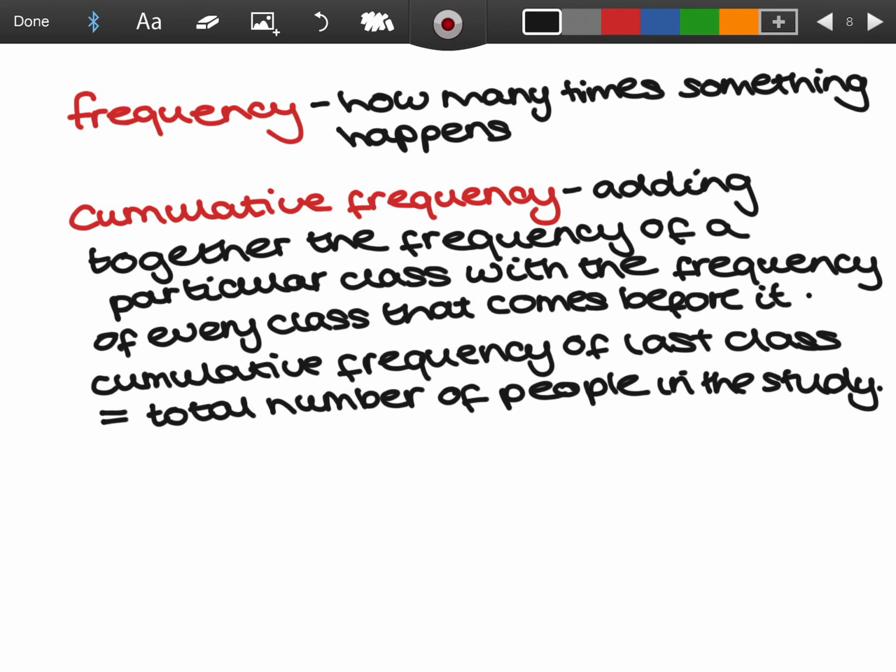In this case it was 50 students, so I know that the cumulative frequency of my final class should equal the total number of people that I took the heart rates of in this case, which is 50.